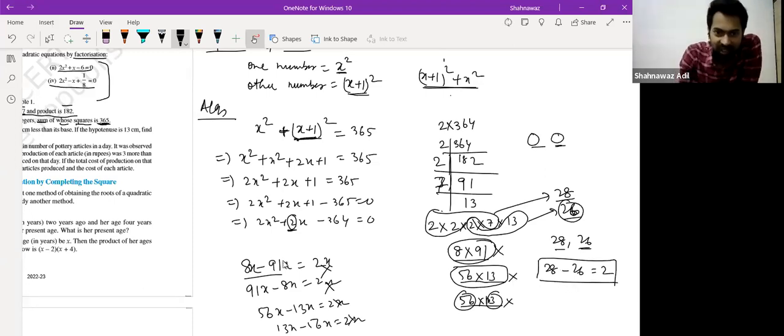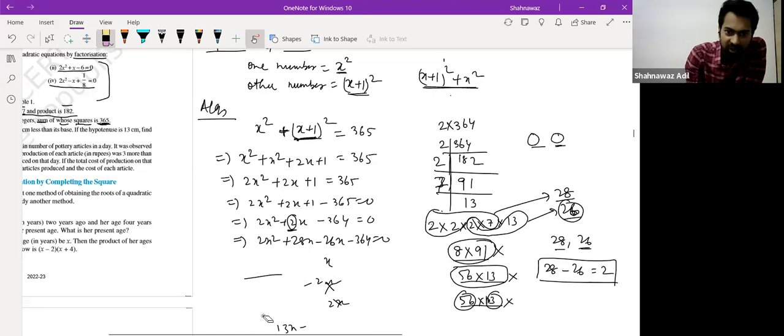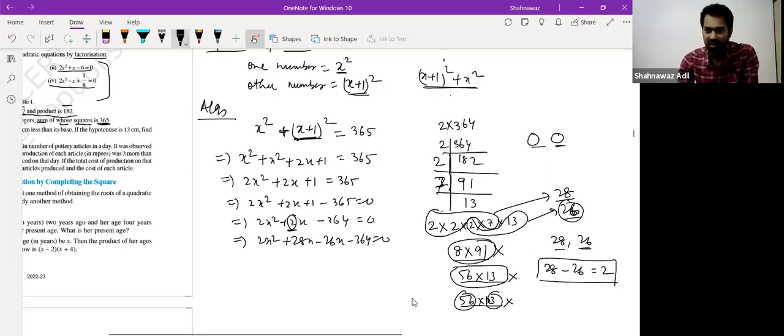So 2x squared plus 28x minus 26x minus 364 is here, right? Let me solve this quickly because I'm taking extra time. Did you guys, Hamad and Adil, understand why we took this combination? Yes.